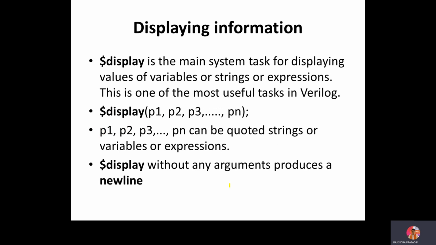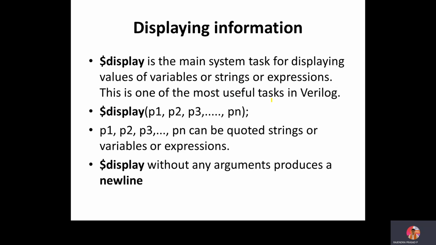Right. So the first system task we will learn is about displaying information. I want to display the variables present in the program, so I will use dollar display. Dollar display is the main system task for displaying the values of variables, strings or expressions.